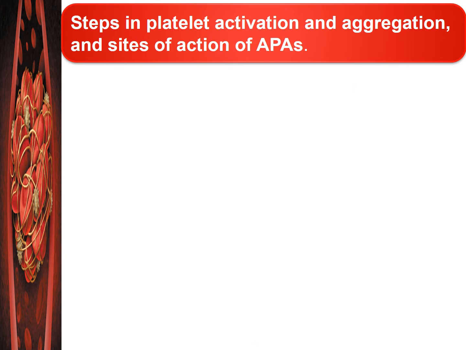Now let us study in detail the steps in platelet activation and aggregation. Also with this we will study the site of action of antiplatelet agents. Let us discuss each and every step one by one.